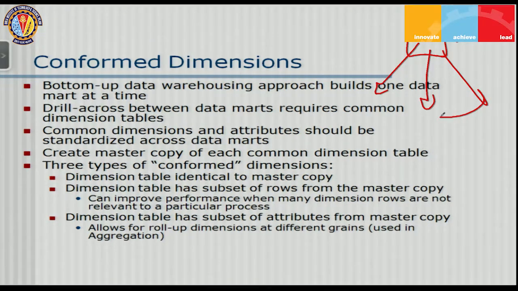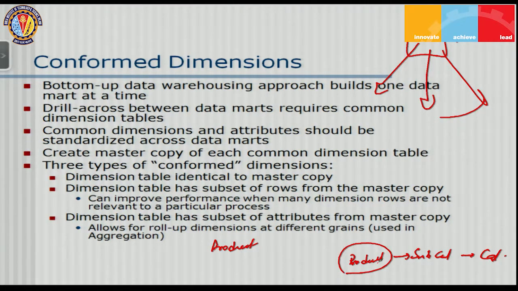Aggregation is covered in detail in module 7, so there you would understand this. The basic idea is that suppose I have a product dimension, and I want to do a roll up analysis from product to subcategory and then to category. Whatever attributes apply to the product and to the subcategory will not apply to the category field. So I have to remove certain attributes, for example product name, product description, product size, product dimensions.